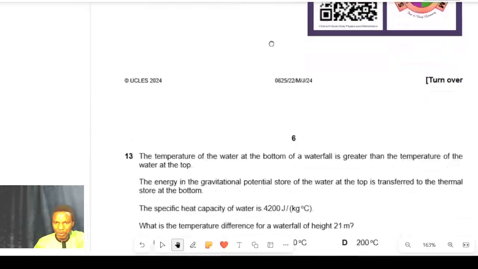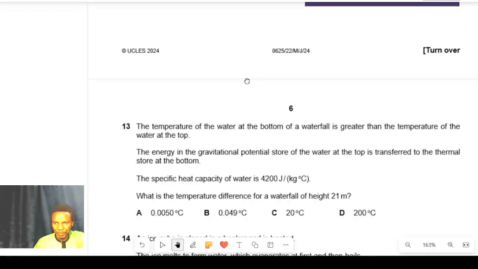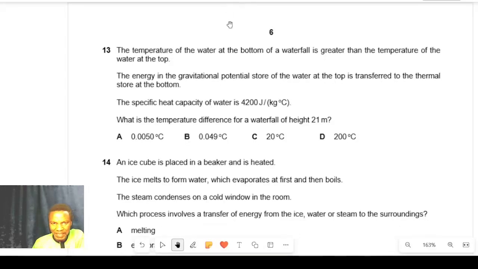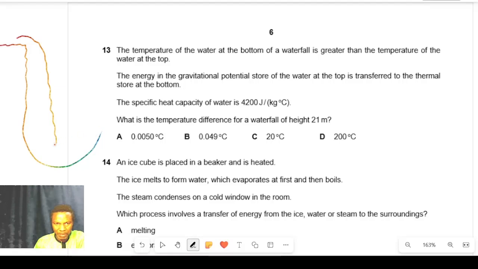So let's go to question number 13. The temperature of water at the bottom of a waterfall is greater than the temperature of water at the top. So pictorially, this is what we are talking about. If you have a waterfall, the water falls from this mountainous part to the bottom here.